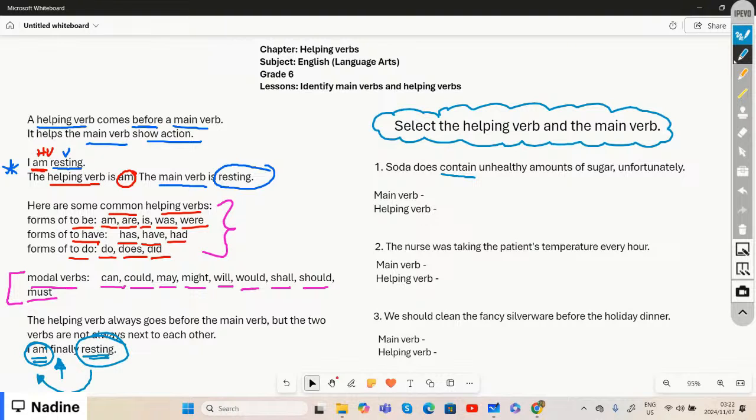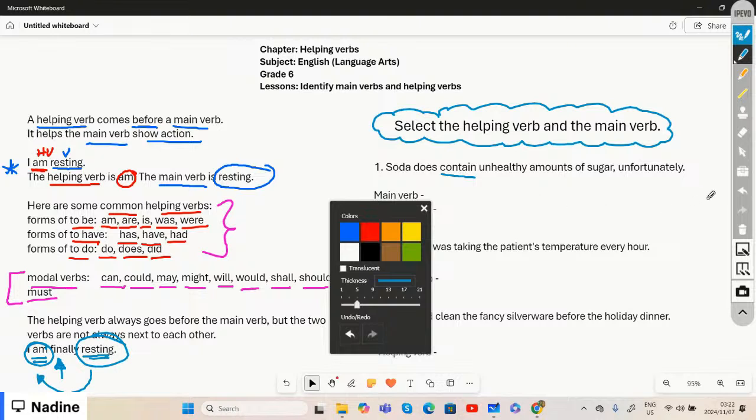So contain is our main verb. So we're going to write here contain.